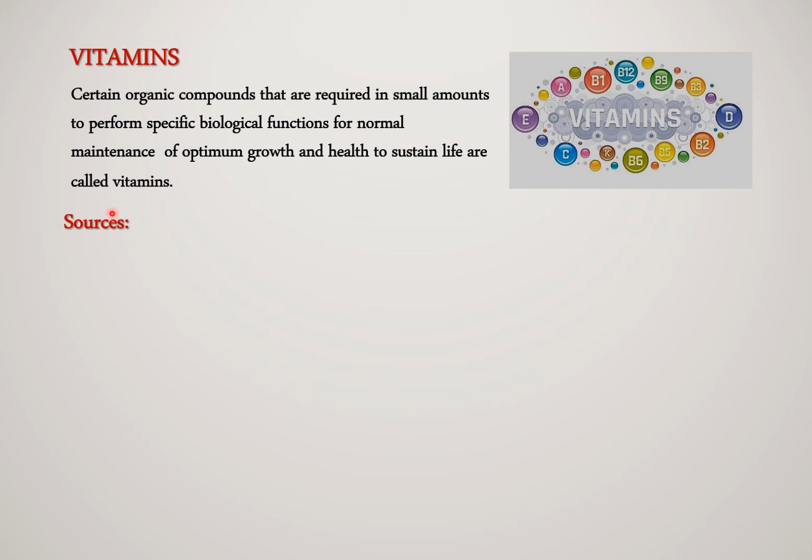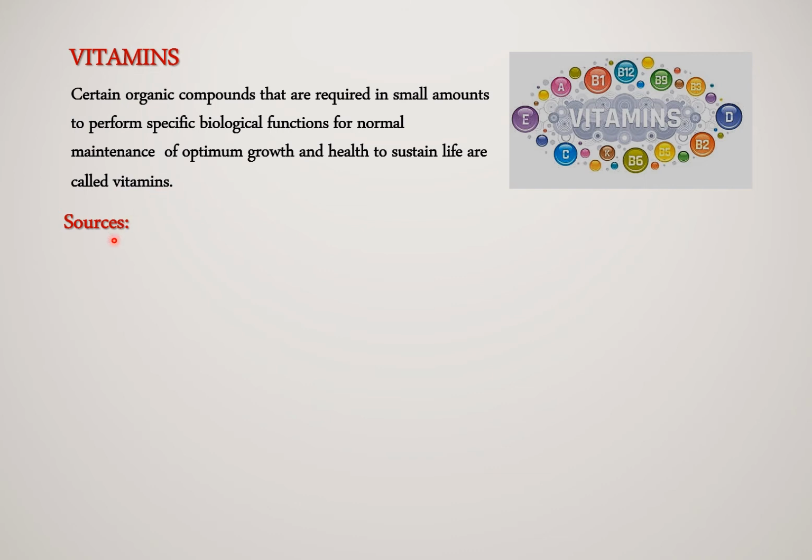So they were all called vital plus amine. Slowly, it has been identified that not all of them contain an amino group. So therefore, vital plus amine was changed to vitamin. That is how the word has come up.